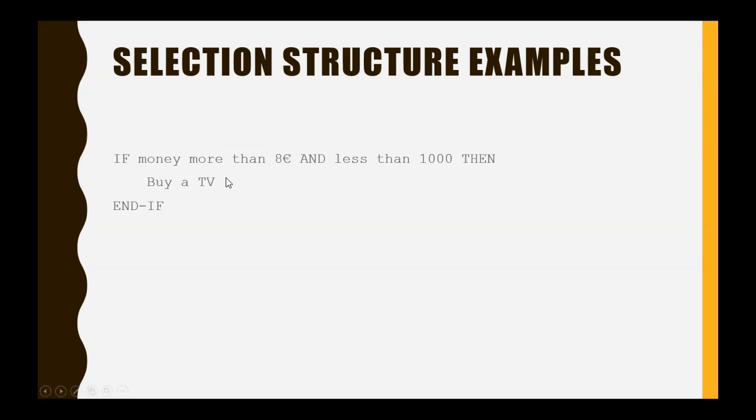Okay, you can't buy a TV with 8 euros, so it's not a good example in that way. But it shows that you can compare the same variable in different ways, more than and less than.